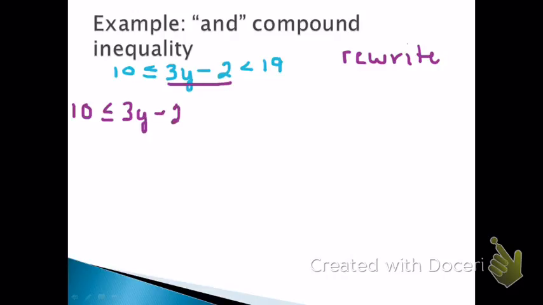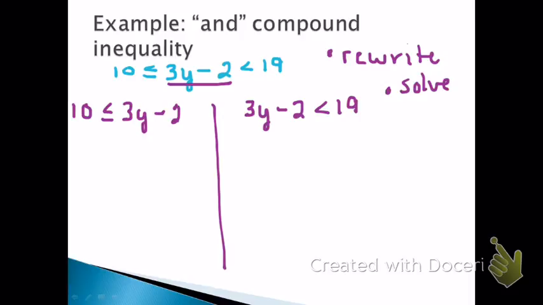This is the part that they have in common. I'm going to write that piece twice, essentially. And then what we're going to do is solve individually.